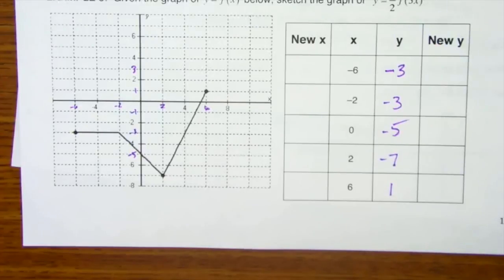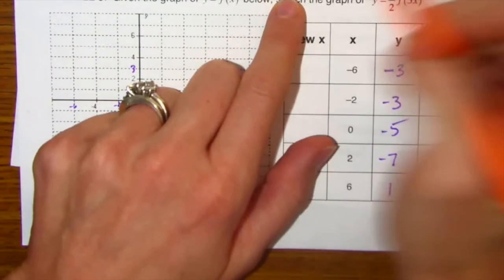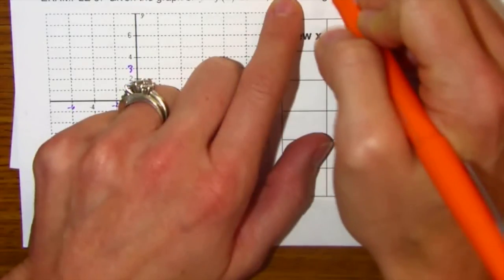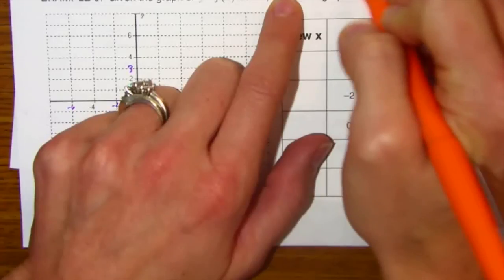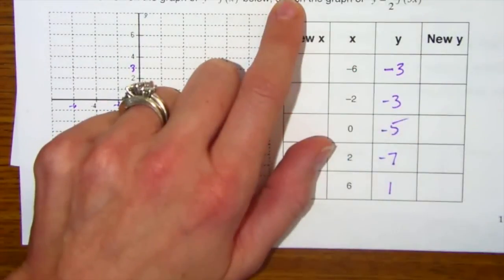By the actual multiple. So is this going to be a compression or a stretch? This is going to be a 1/2. Good. So this is a vertical compression by a 1/2.